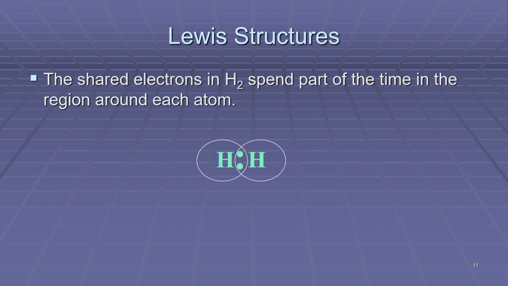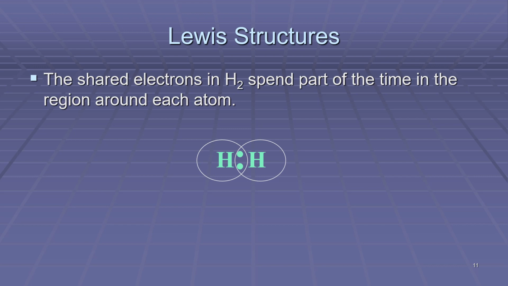And this shows what the structure looked like. Each hydrogen actually counts both electrons for itself. So this hydrogen can claim those 2 electrons, and this hydrogen can claim its 2 electrons, since the electrons are around both atoms, they both can claim them.